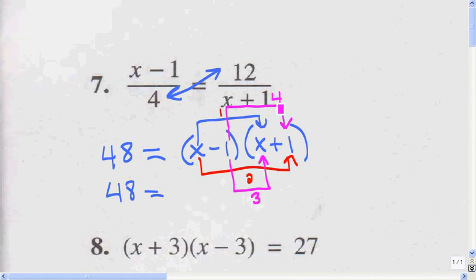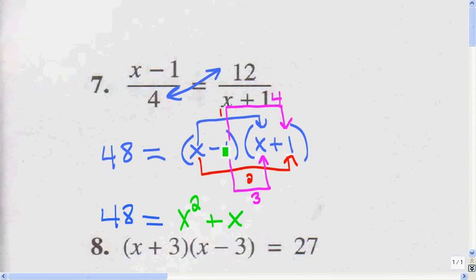Okay, so I'm going to get x times x times x is x squared. x times 1 is just x. It's a positive x because these are both positive.